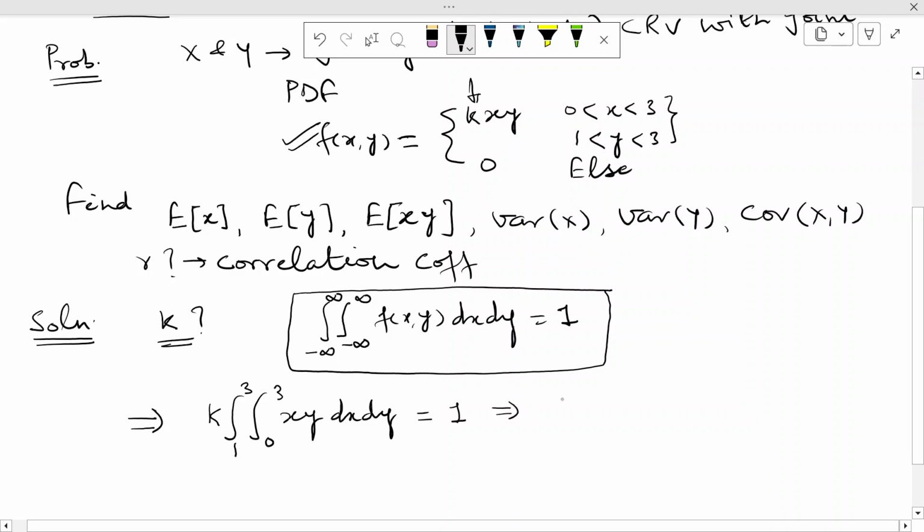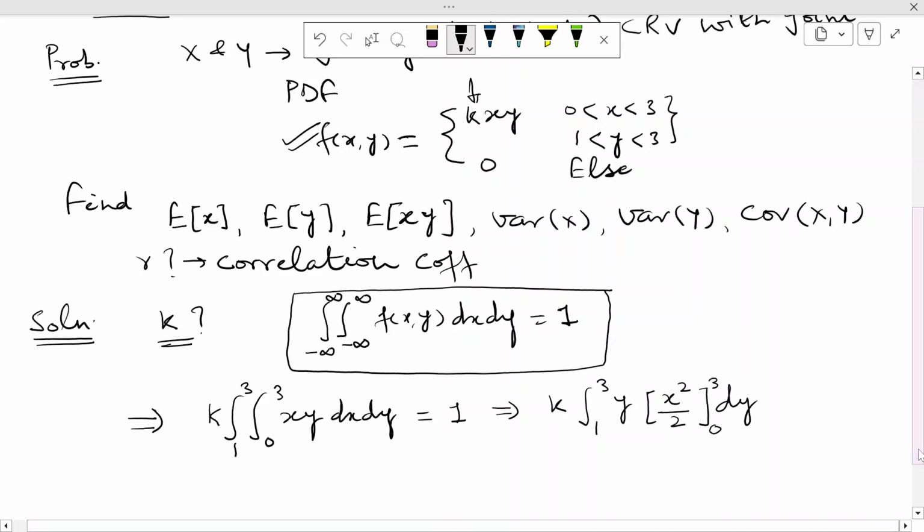Now we will integrate first with respect to x. This will be the integral from 1 to 3 because these are the limits for y, and y we keep as it is, and when you integrate this with respect to x, we get x square over 2, and here we have dy. We then integrate this with respect to y, and the limits for x are 0 to 3.